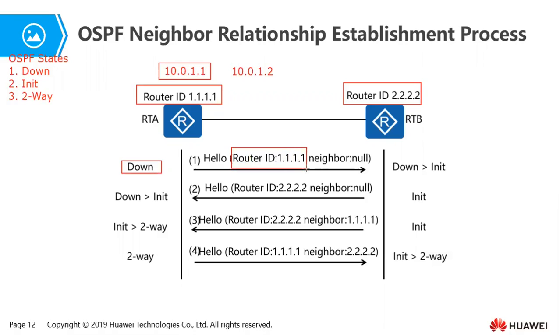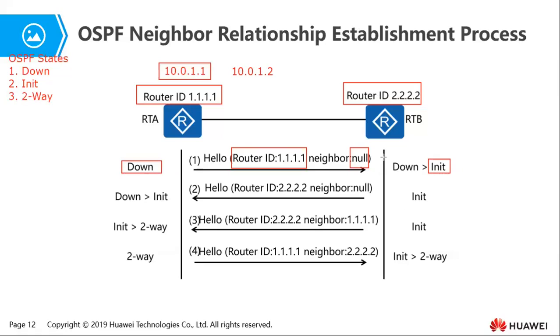So I'm sending the router ID, and on the neighbor list, my neighbor list is empty. So I don't have any neighbor. So when RTB receives this information from RTA, it will transit from the down state to the init state, because now it has received a hello packet from a neighbor.